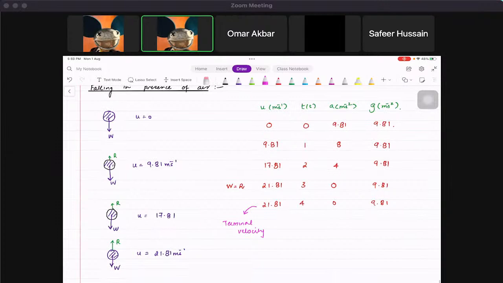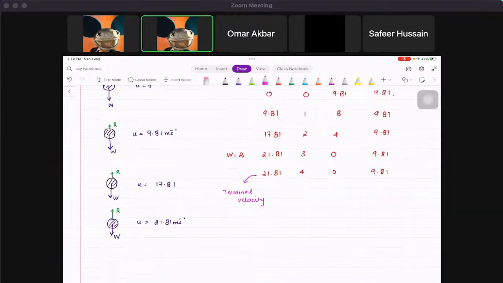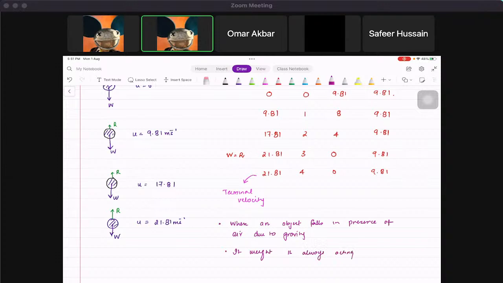If they ask you what exactly happened here, you can explain it by saying: number one, when an object falls in the presence of air due to gravity, its weight is always acting downwards.